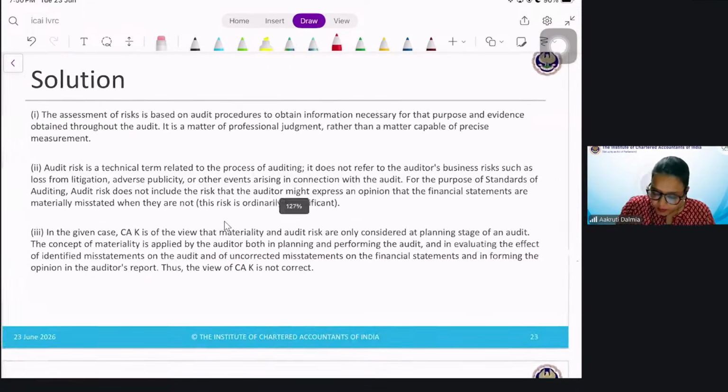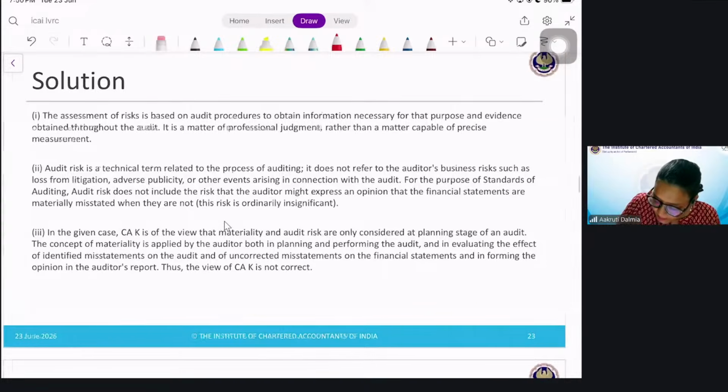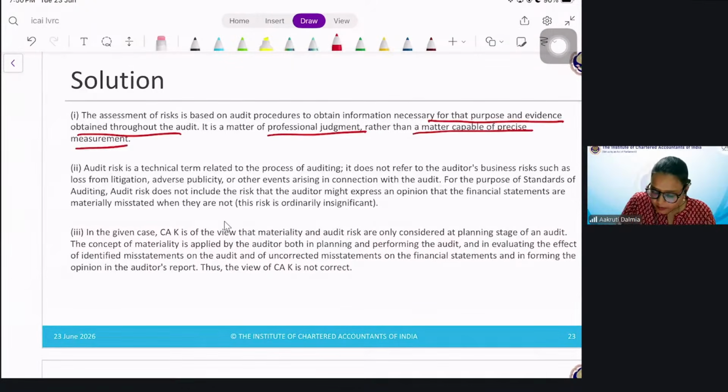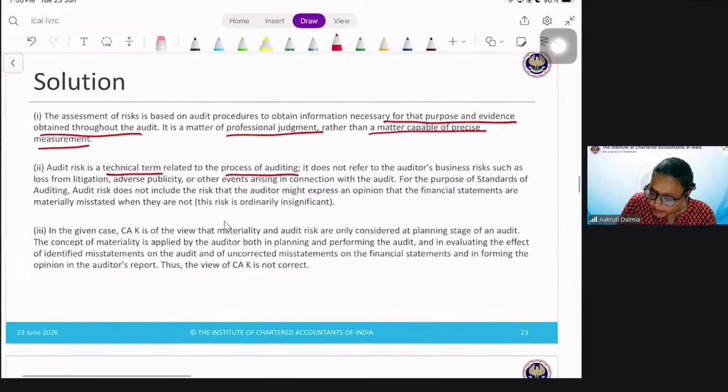So the assessment of risk is based on audit procedures to obtain information necessary for the purpose of evidence. It is a matter of professional judgment rather than precise measurement. Audit risk is a technical term regarding the process of auditing. It does not refer to the auditor's business risk like litigation, adverse publicity, or events regarding audit.